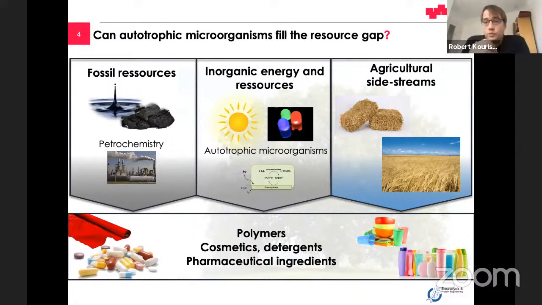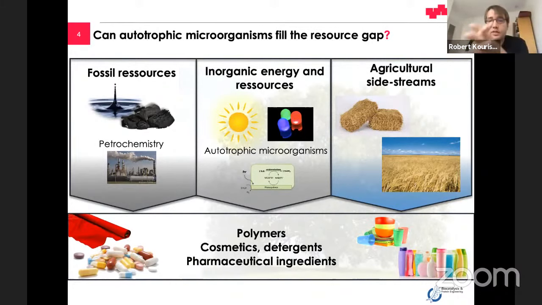On the right-hand side, we see agricultural products, and there the volumes are limited, and we also compete with the use for food. So it will be very difficult here to divert biomass for the production of chemicals. And of course, utilization of side streams could be interesting, but this is also a very limited volume. I think, for instance, a country like Germany has less than 1 million tons of straw per year.